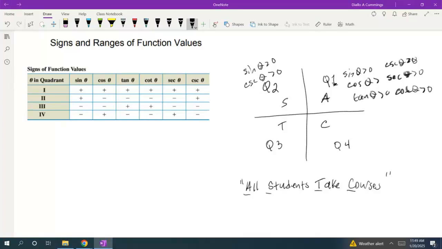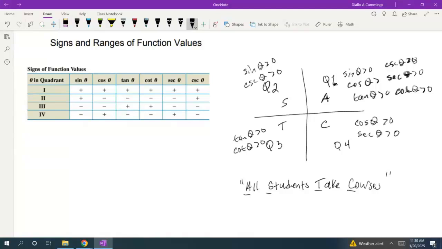The T alludes to the fact that in the third quadrant, the tangent and its reciprocal, the cotangent, are positive. And lastly, the C in courses alludes to the fact that the cosine and its reciprocal, the secant, are positive. All of the other 4 trig functions are negative.